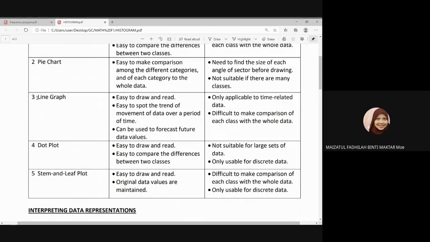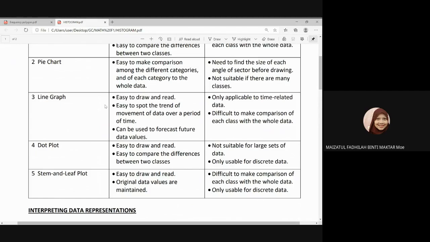Next is the line graph. The advantages of the line graph are that it is easy to draw and read, and easy to spot the trend of movement of data over a period of time. You can see from the graph what the trend of the data is, and it can also be used to forecast future data values.